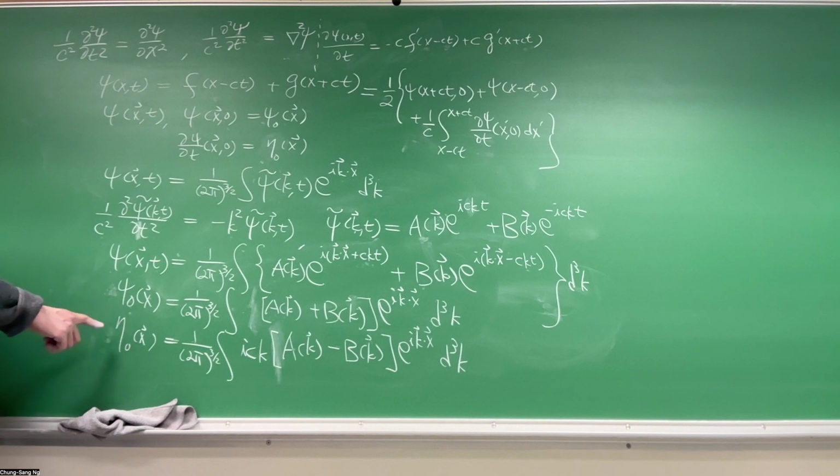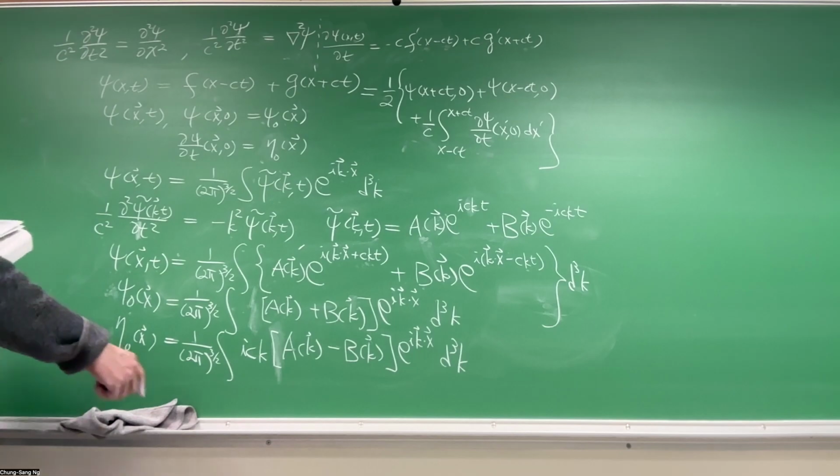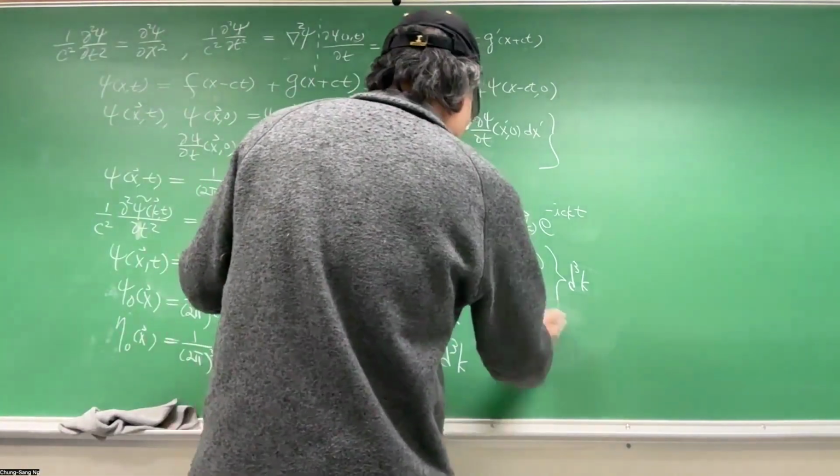Take the differential. No, not the differential. This is a given function, psi sub 0. This is also given for eta sub 0. And they are functions of x. Then what can you do? Can you do a Fourier transform of this one? Yeah, you can find a Fourier transform of psi sub 0 and eta sub 0, right? Let's write it here.